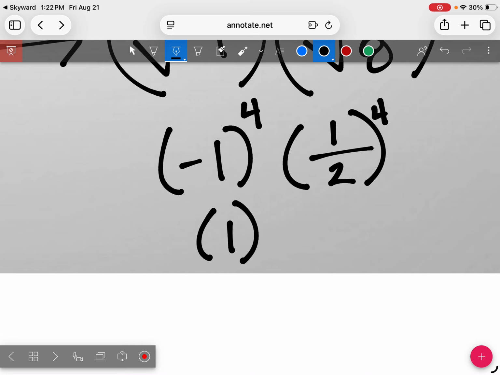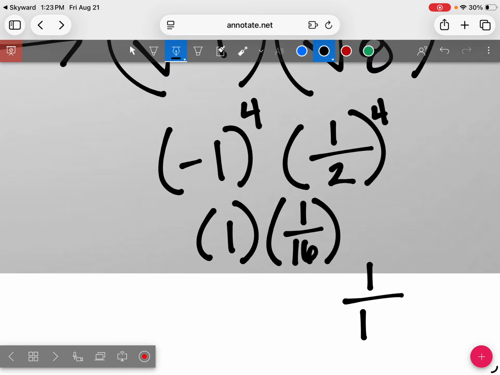So now figure out what that would be. Take 1 to the power of 4 and put that over 2 to the power of 4. So your final answer would just be a positive 1/16.